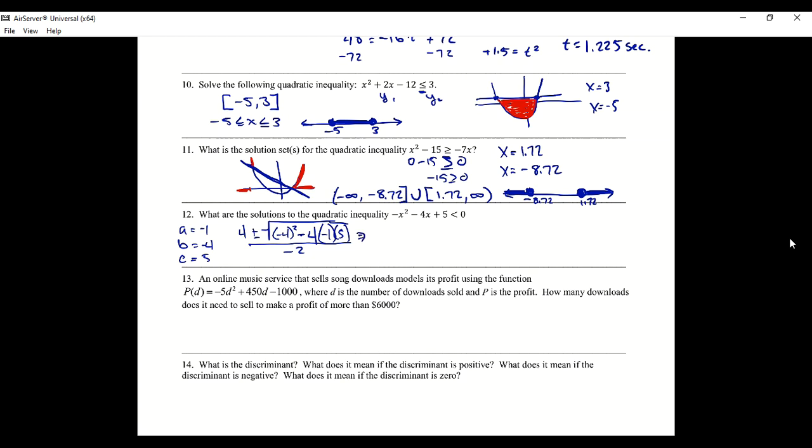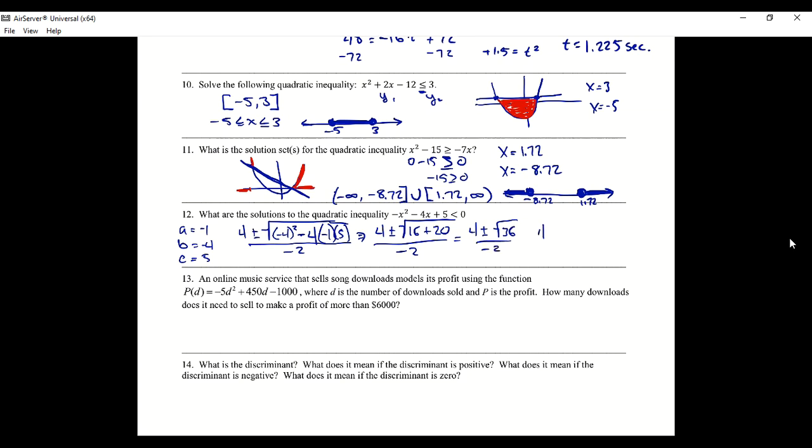So we get 4 plus minus the square root of 16 plus 4 times negative 1 is negative 4, times 5 is 20. All that over negative 2. 4 plus minus the square root of 36 over negative 2.